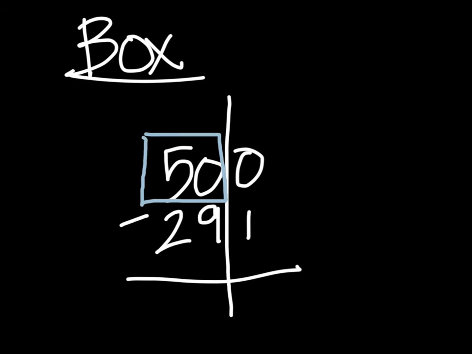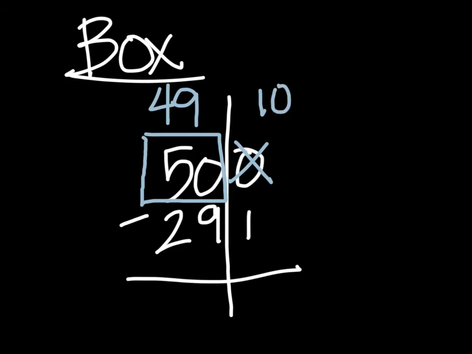So you're going to take away 1 of your tens. So if you take 1 away from 50, what do you have? Probably a 49. So we took 1 ten away still, and we got 49. And then the ones place, you get a 10.